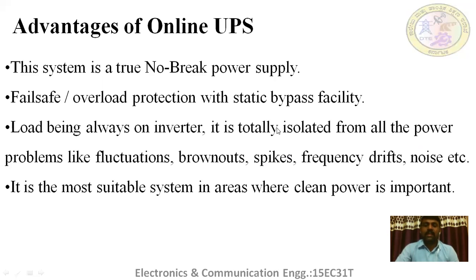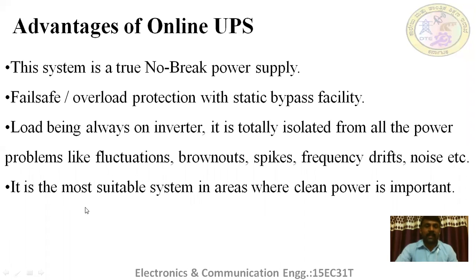So all these power problems are controlled by the UPS. Finally, it is the most suitable system in areas where clean power is important. That is, this is the best UPS where safe input power is required.